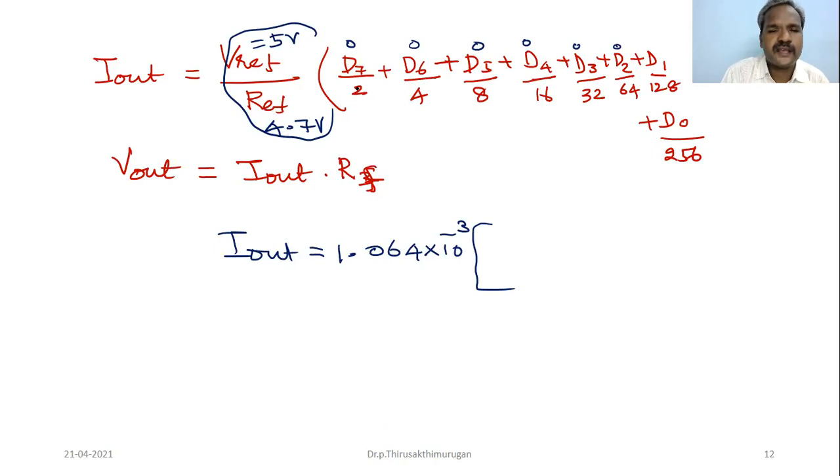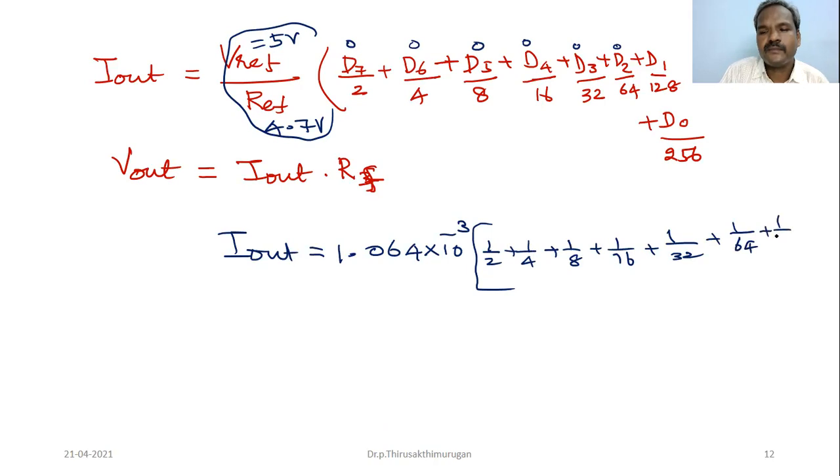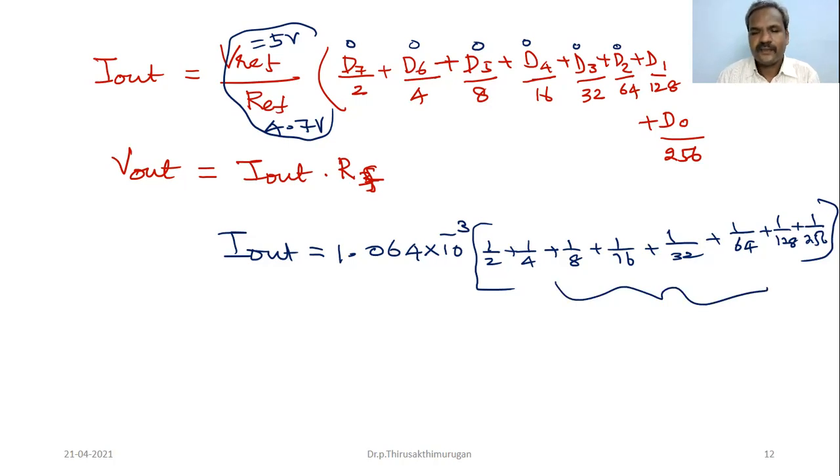When all the inputs are high, 1 by 2 plus 1 by 4 plus 1 by 8 plus 1 by 16 plus 1 by 32 plus 1 by 64 plus 1 by 128 plus 1 by 256. So what is the weightage value of this? Tell me.